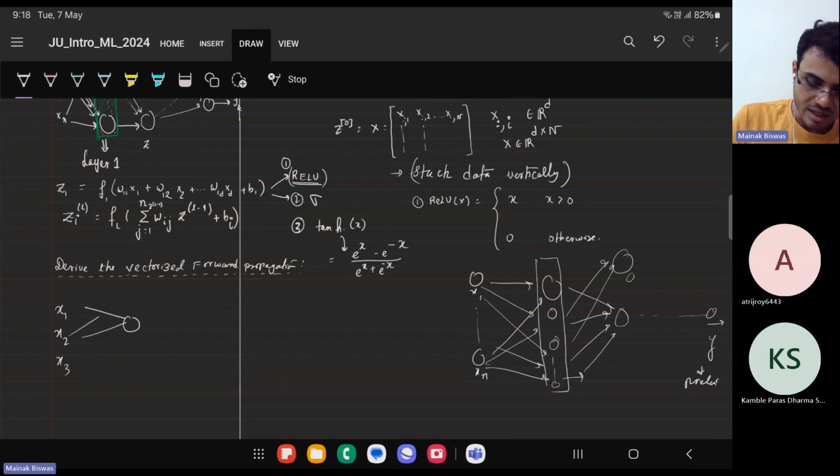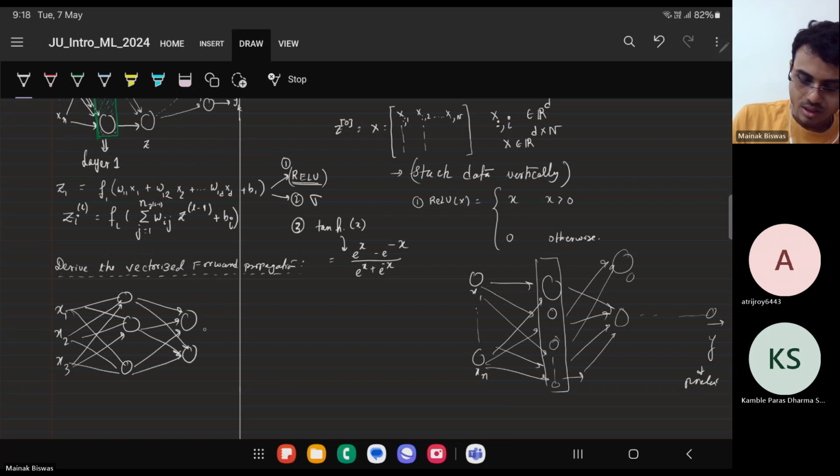Say we have 2 hidden layers. Then finally say you have an output and say this predicts cats versus dogs.